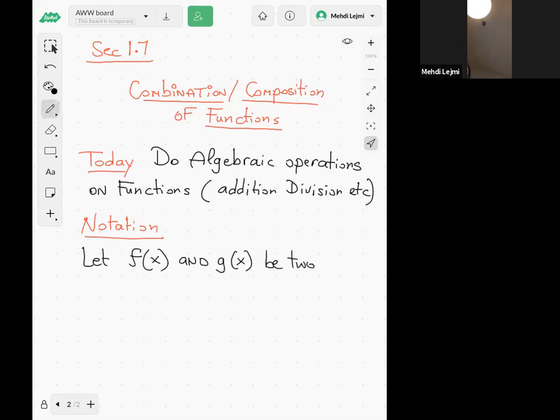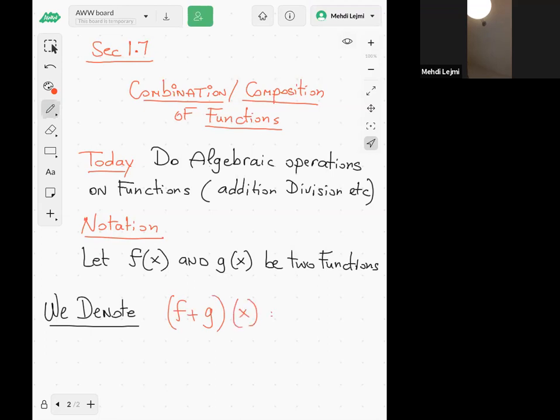I'm going to denote the sum of f and g: we write f plus g of x.